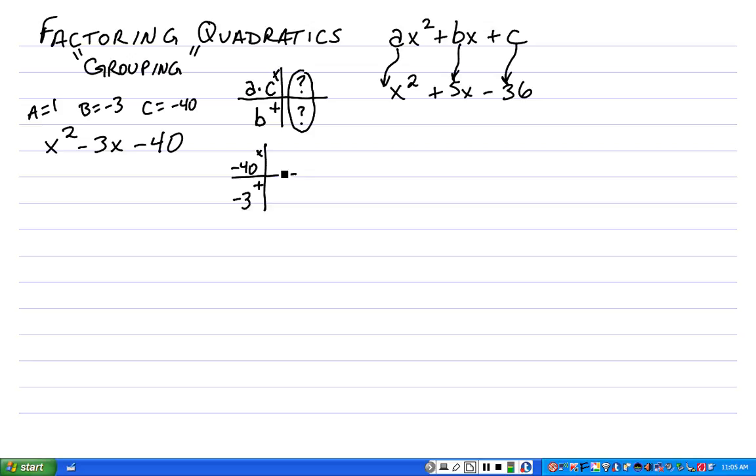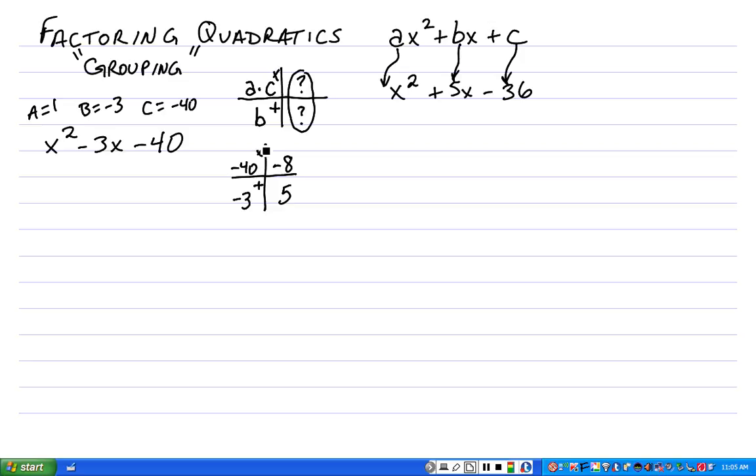So now I'm looking for two numbers that can be multiplied to give me negative 40, and the same two numbers are added to give me negative 3. The first two factors I think of for 40 are 8 and 5. So if I have a negative 8 and a positive 5, negative 8 times 5 is negative 40.